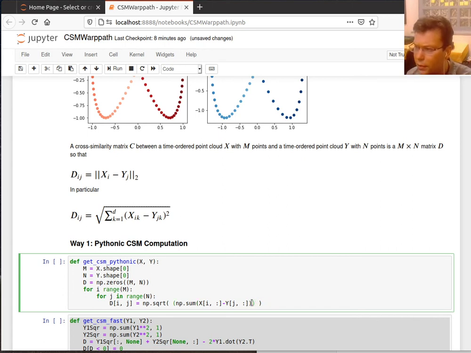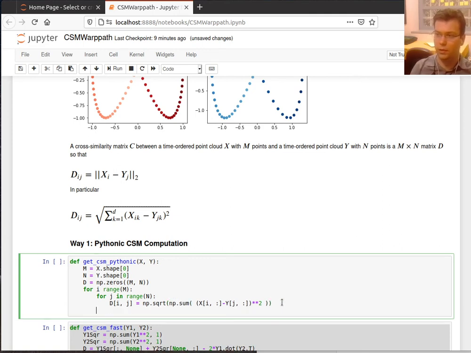Oops, hang on, it should be the quantity xi minus yj, squared. And then we sum, so we square all the differences, then we sum them all up, and then finally we take the square root. Oh, it's because I have an extra parenthesis there. Okay, there we go. All right, so that is one way to compute the cross-similarity matrix, and that will work just fine.